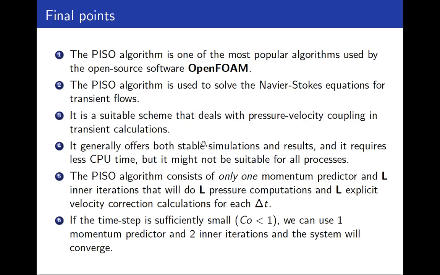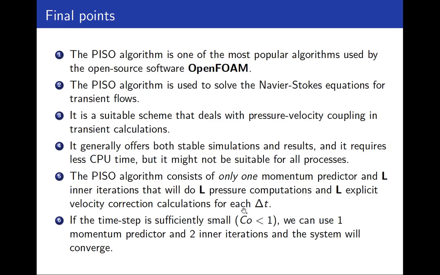This is a suitable scheme that deals with the strong pressure velocity coupling in transient calculations. This scheme offers stable simulations and also very accurate and stable results, and it requires less CPU time, but it might not be suitable for all processes.